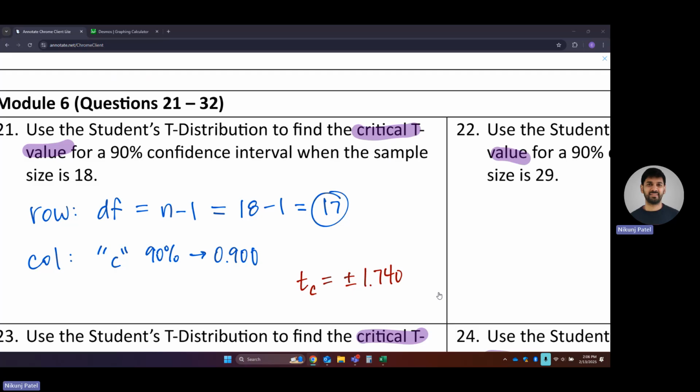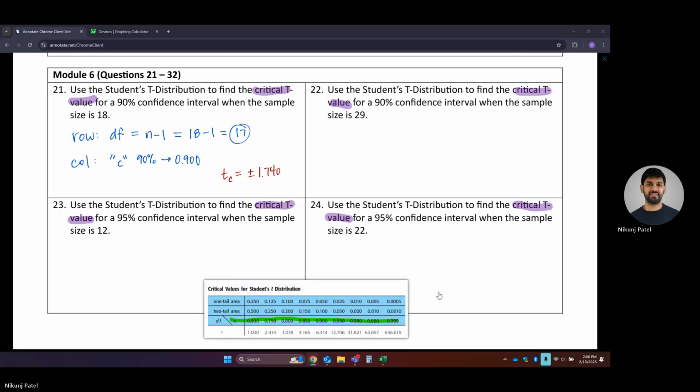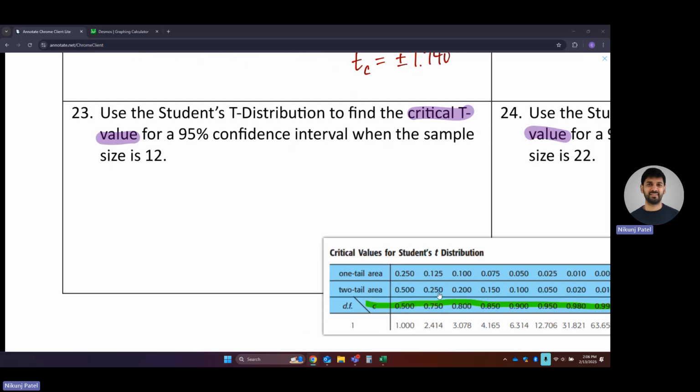Now let's try another example. I'm going to do number 23. 22 has the same confidence interval, but a different row, so you can practice that one. I'll do 23 since it's a different confidence interval. Doing the same thing, finding a t critical value. This time the row is row 11, because our sample size is 12, we subtract 1.